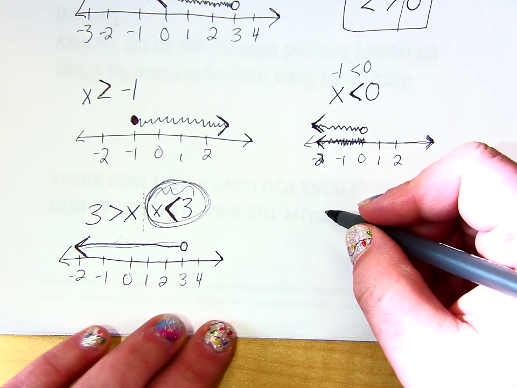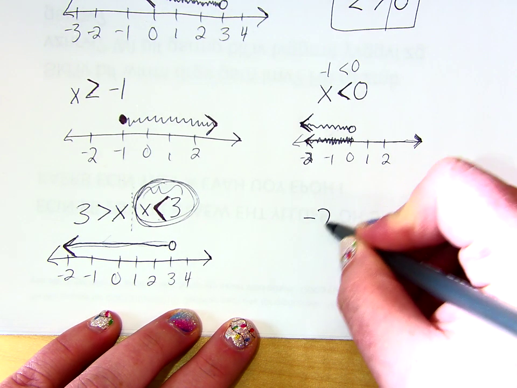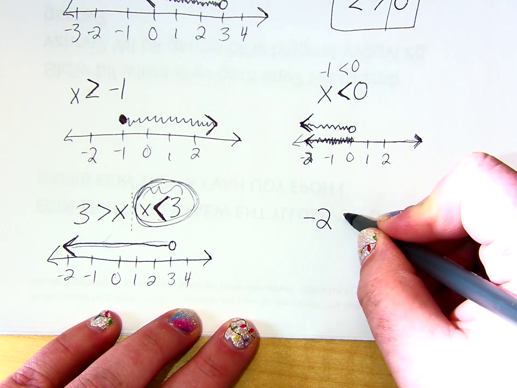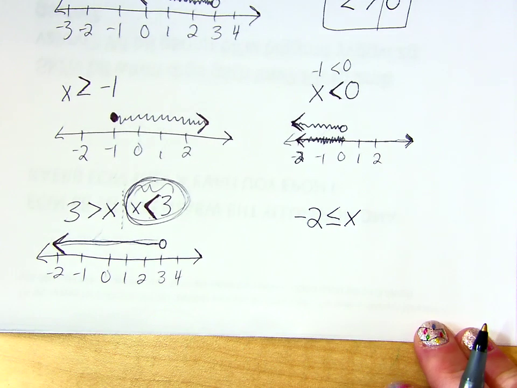So let's try another one where the variable is not first. Try -2. Try that. Give me a graph of this.